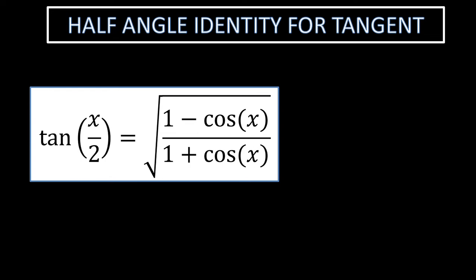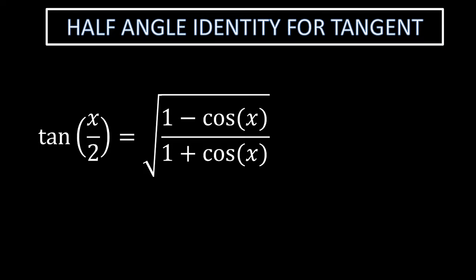We will take the conjugate of the denominator first, so this is what we will use. The conjugate of this denominator, which is 1 plus cosine of x, is 1 minus cosine x. When we say conjugate, we just change the sign. So it will become 1 minus cosine x. So we multiply both by it.